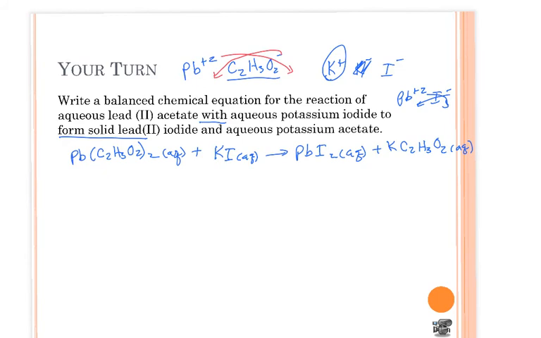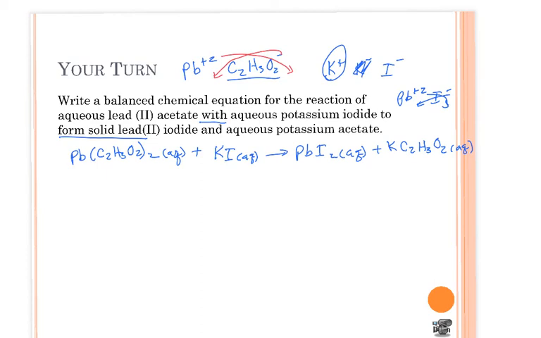Alright, now that we wrote the skeleton, let's go ahead and balance the equation. We have lead that occurs in one compound on both sides, but it's already balanced. We have the acetate ion. See, again, because it's a polyatomic ion, we're treating it as one ion, not as 3 individual elements of carbon, hydrogen, and oxygen.